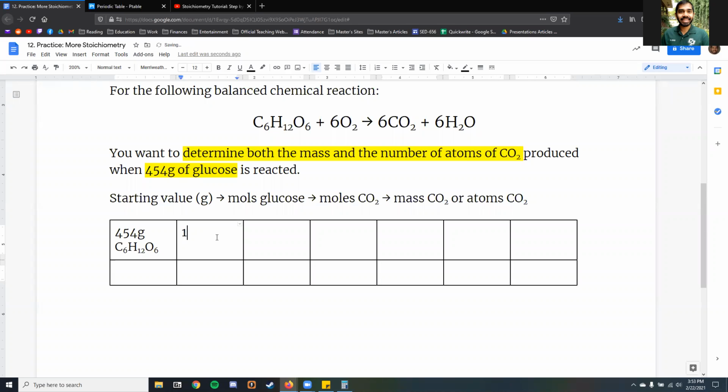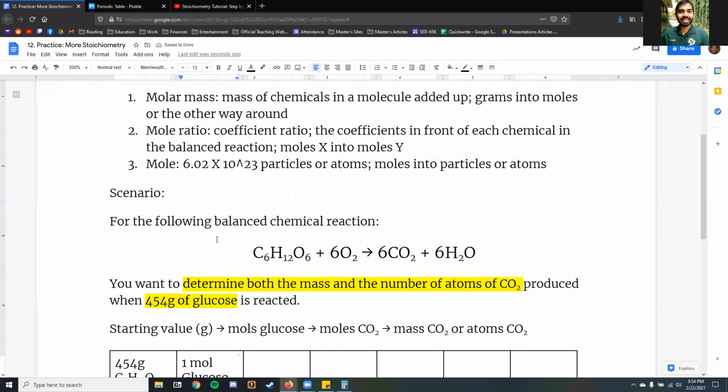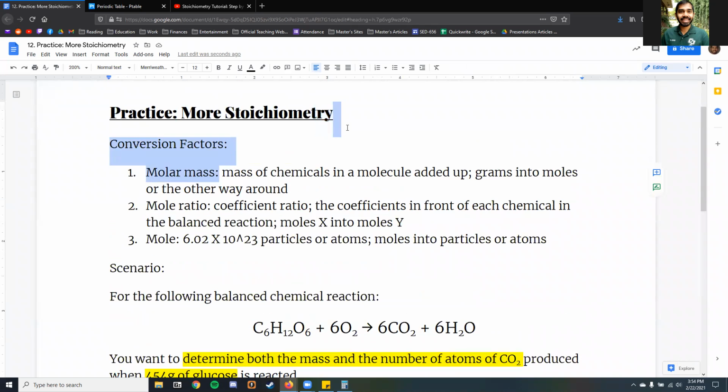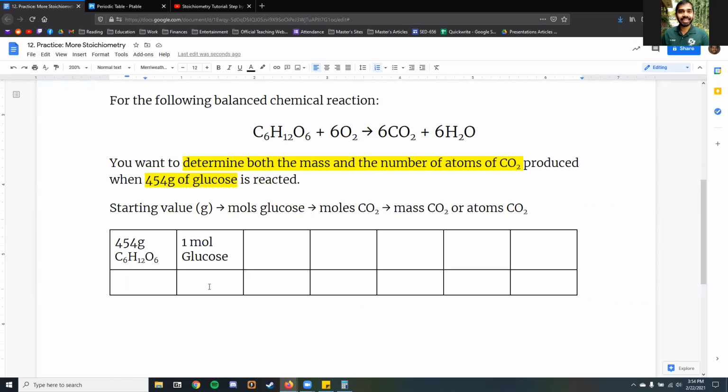We want to turn it into moles, so 1 mole on top. I'm just going to write glucose because it's the same thing. And so here we start using the molar mass. The molar mass is just the mass of your chemicals, added up.